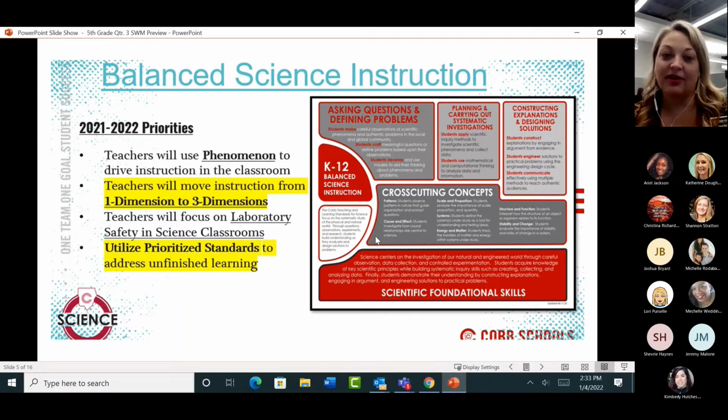That's how they think about things: in patterns, or cause and effect, or systems, energy and stability. And then our third dimension is the disciplinary core ideas, which are the big umbrella ideas of science. Earth science, life science, and then within those core ideas we have the knowledge, those foundational skills and the knowledge we want our science students to grasp onto.